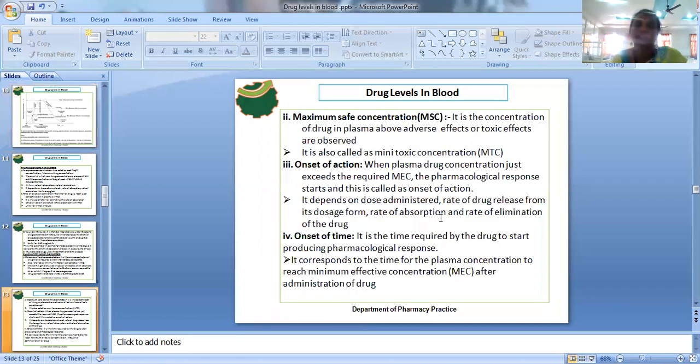And the next one is the maximum safe concentration, which is also called the MTC, the minimum toxic concentration. Beyond this maximum safe concentration or minimum toxic concentration, the concentration of the drug present in the plasma will be responsible for precipitating the side effects, the adverse effects, or the toxic effect.